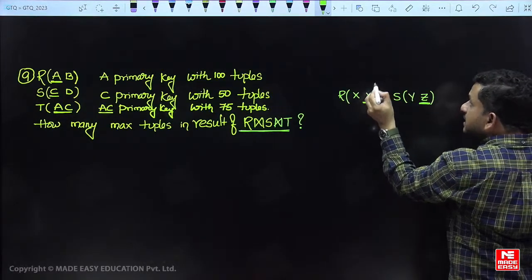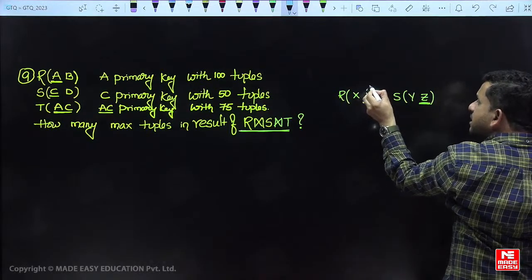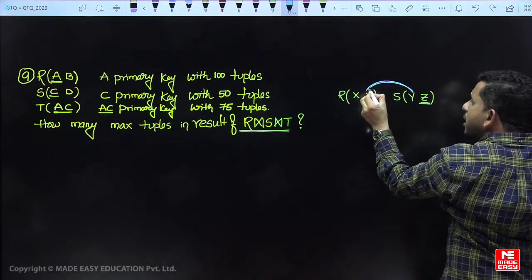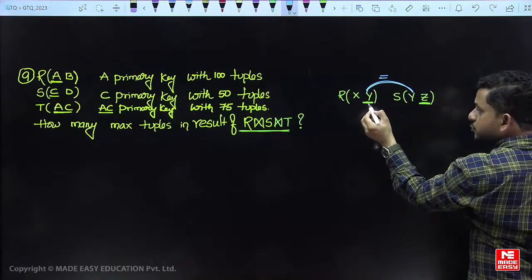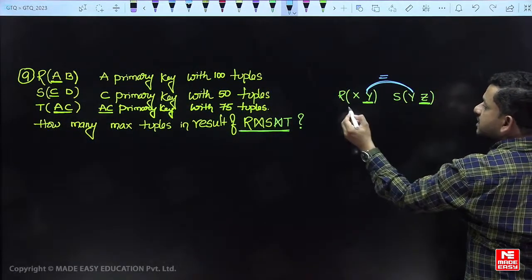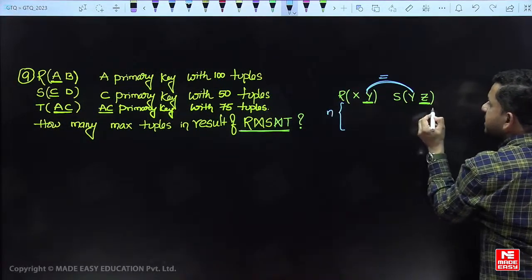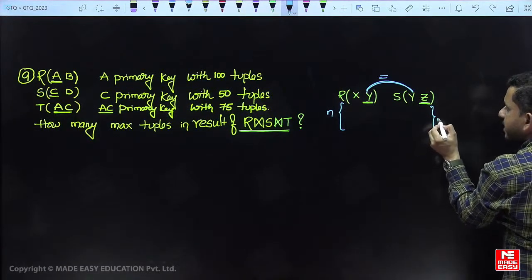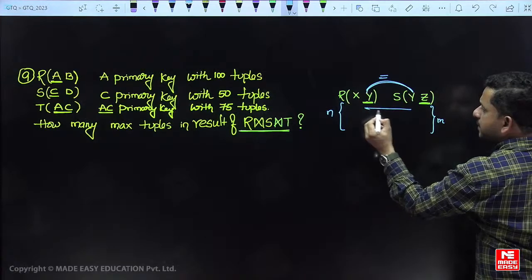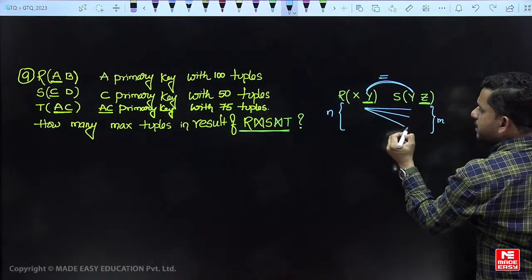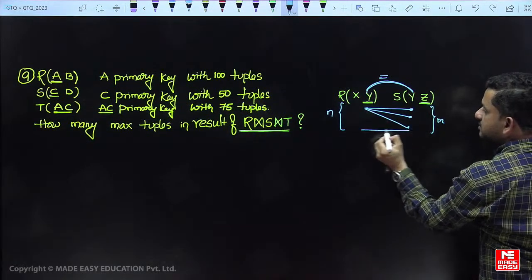The join is based on equality of the common attribute. If it is unique for the first relation and not unique for the second relation, with n and m tuples, it forms a one to many mapping, because this y value can repeat.